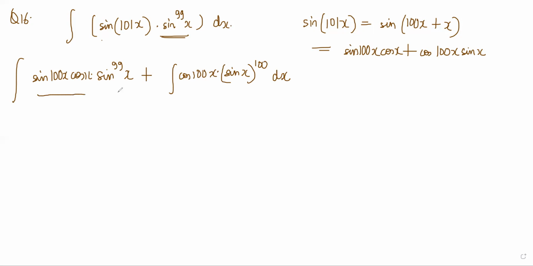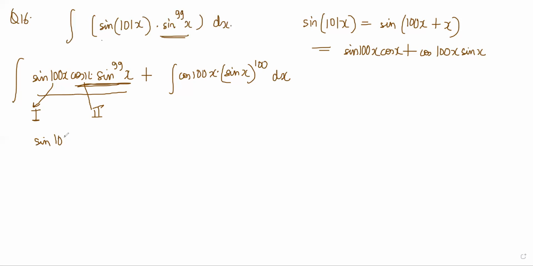Now we can do this one by parts because we can actually integrate both, but what we'll take is this one as first function and this one as second function. If this whole thing is second function, the integral of that will be, if you put sine as t, your cos x dx will become your dt and it will become t power 99. So integral is t power 100 by 100, which is sine power 100x by 100.